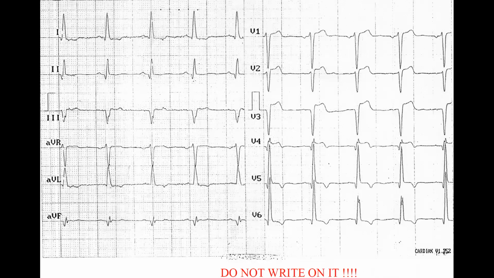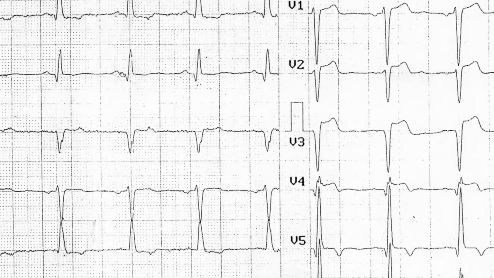Now, next question. Do we have P waves? No, or very small ones? Yeah, very small ones. Oh, I'm on my phone, I can't really see. Well, you should use a laptop or a PC at least to see it.